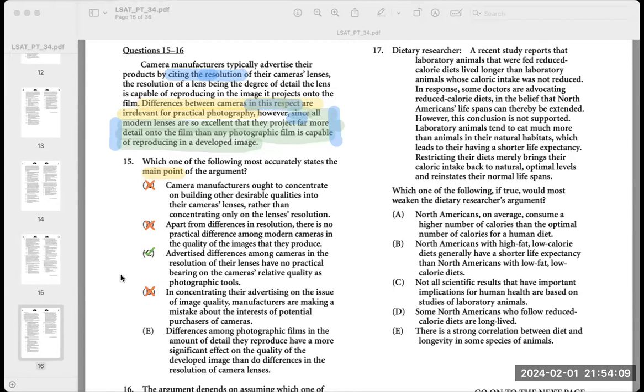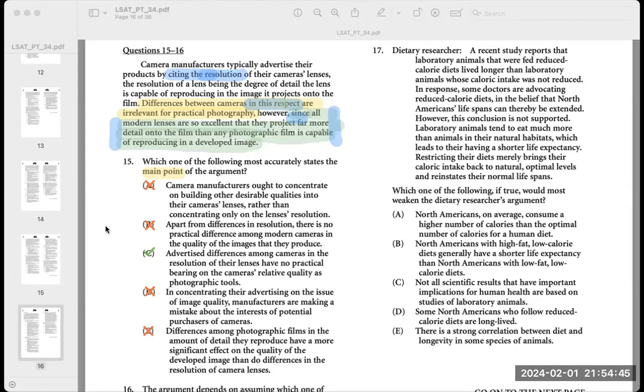I think it's fair to conclude that based on the support we're given, but it's not the conclusion the argument is actually driving at. It's not what they are trying to convince us of. They're more concerned with saying that the differences cited by camera manufacturers in advertising aren't actually relevant for practical photography. So E would also be incorrect, and C is the correct answer there.